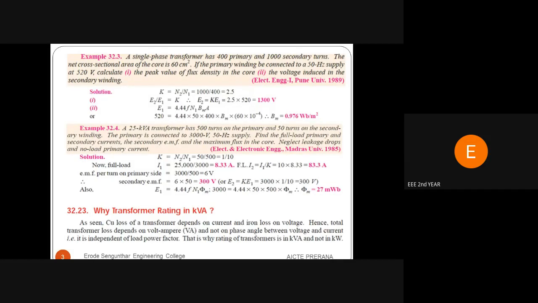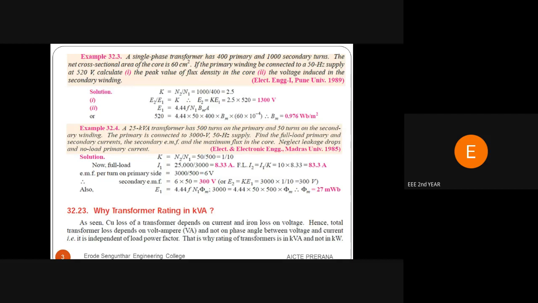In this problem, we know that 25 kVA is the rating of the transformer. We should remember why the transformer rating is in kVA. Other electrical machines, like DC generator, DC motor, or AC motors, are all rated in horsepower or kilowatt. But in the case of a transformer, it is rated in kVA or VA.